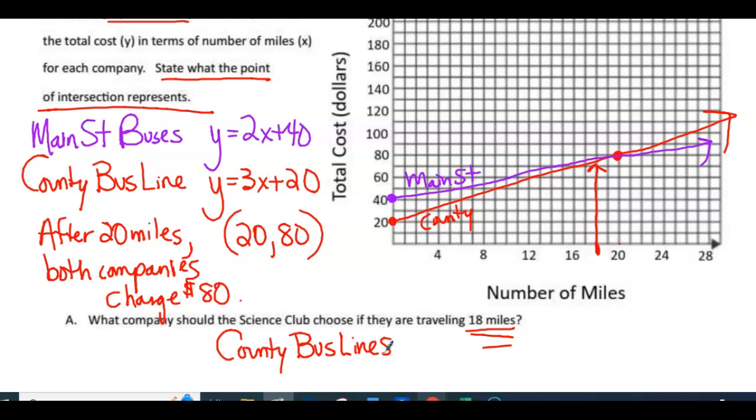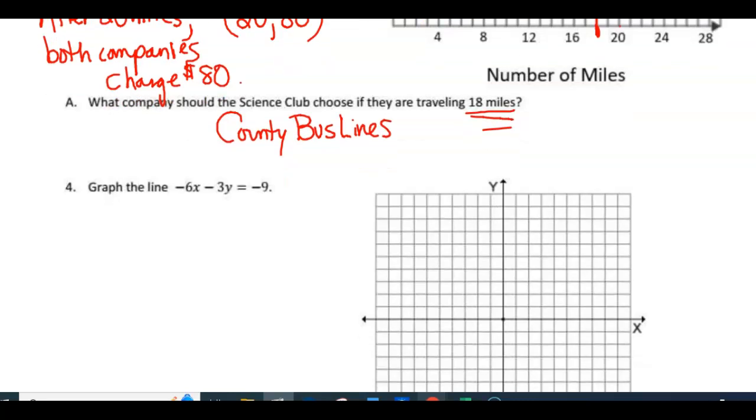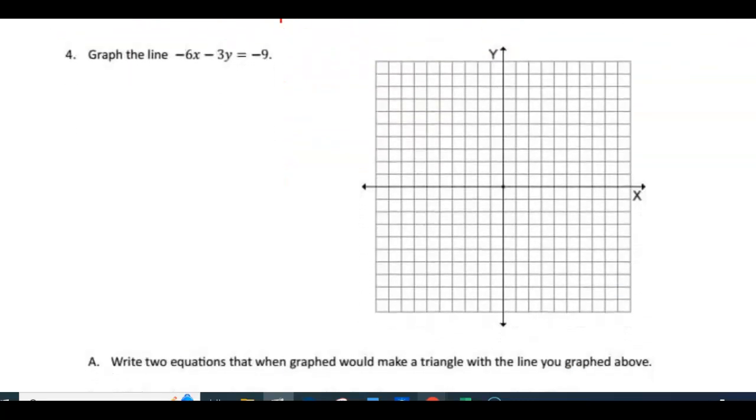All right, so we're down to the last one that you had to do. On the last one, I'm just going to skip some steps because I don't have much time left on my recording. You must put this in slope-intercept form. To put that in slope-intercept form, you need to add your 6x and such. This should be y equals negative 2x plus 3.